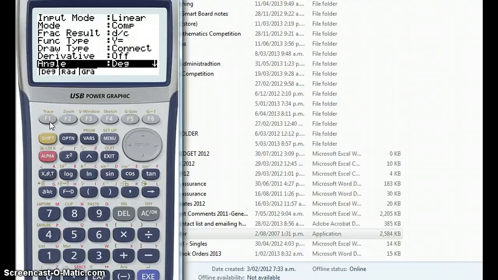If you've got an R on the top of the screen, it's set in radians and it needs to be set in degrees. In the exam, they will reset your graphics calculator. You need to be aware that you need to change the setting to degrees, otherwise through your whole trigonometry section you'll have the wrong answer or answers.